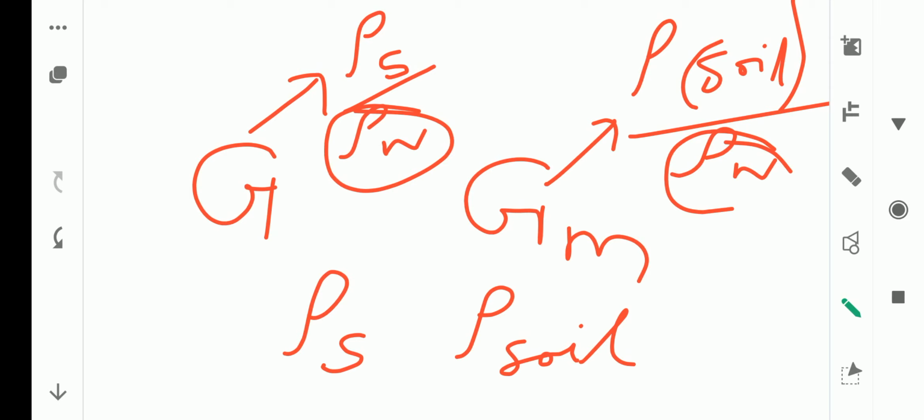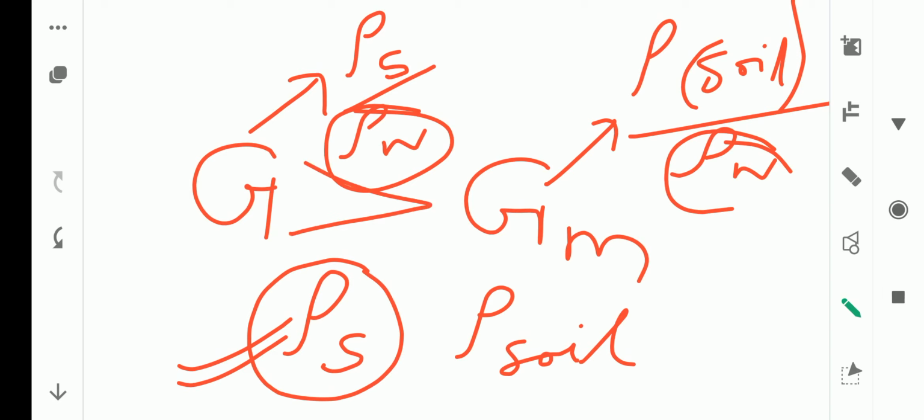Definitely the solids are more dense, right? Hence density of solids will be more, and hence we can say G is more than Gm. Always this will be the case. G greater than Gm. I think you all have understood all these terms.